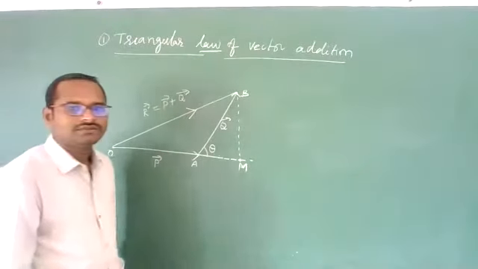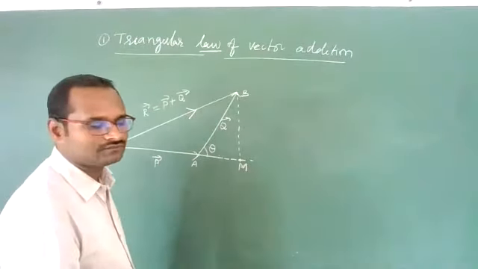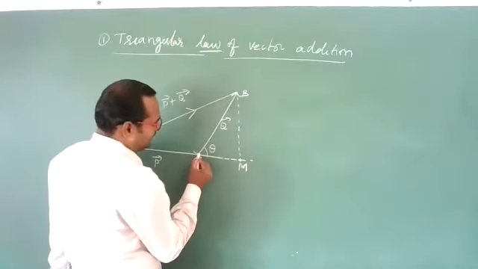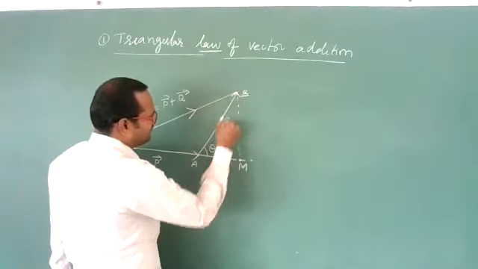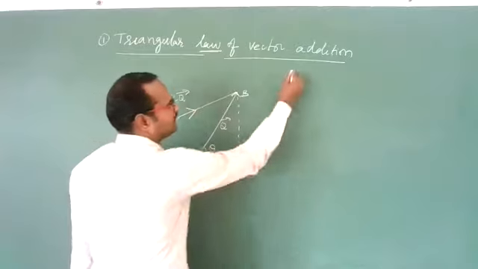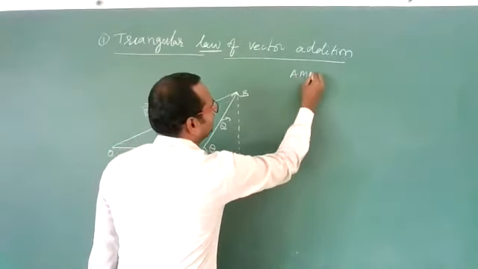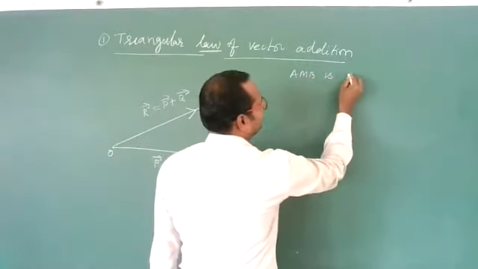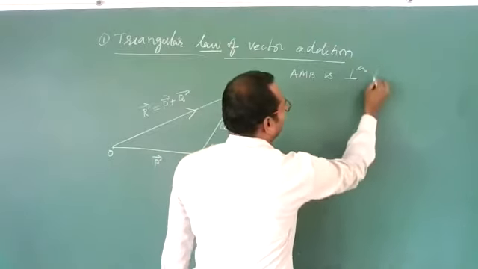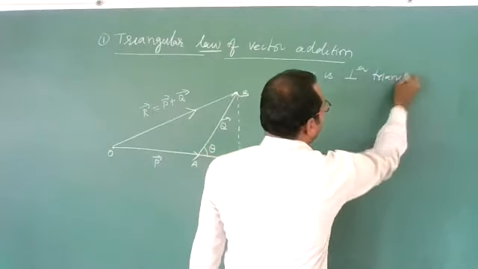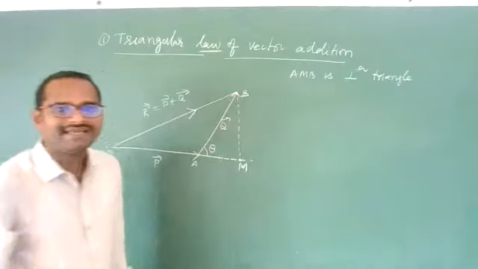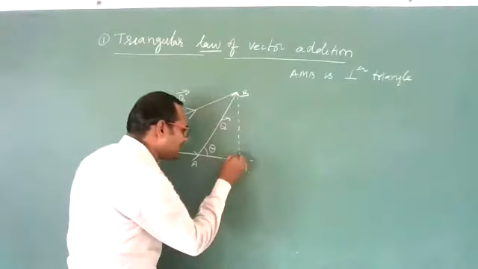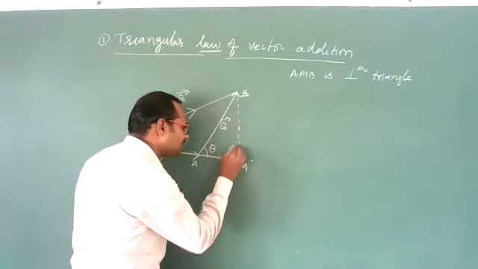Now you see, AMB is one right angle triangle. At what angle is the right angle? Yes, here a 90 degrees angle is there.